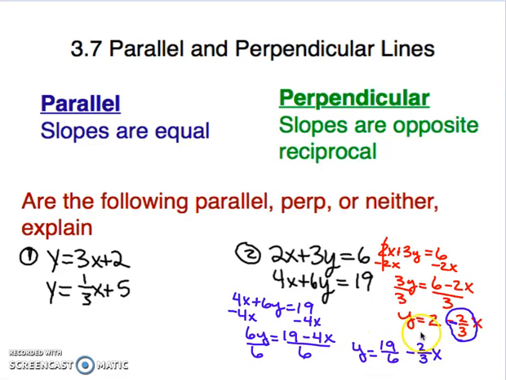So in the first equation, my slope was -2/3. And in the second equation, my slope is also negative 2/3. So these two lines would be parallel.